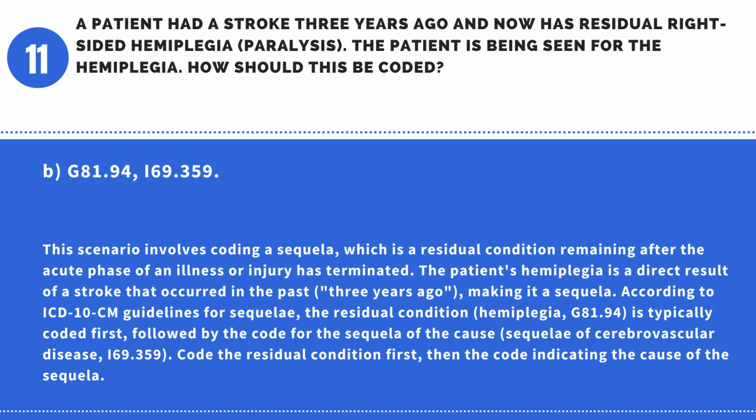According to ICD-10-CM guidelines for sequelae, the residual condition, hemiplegia, G81.94, is typically coded first, followed by the code for the sequela of the cause, sequelae of cerebrovascular disease, I69.359. Code the residual condition first, then the code indicating the cause of the sequela.